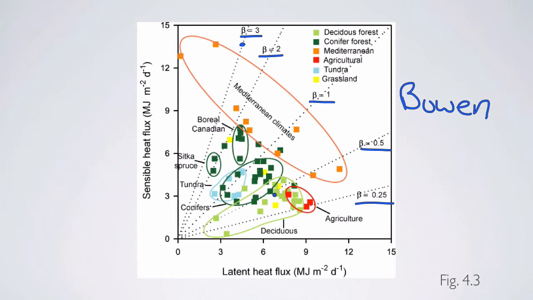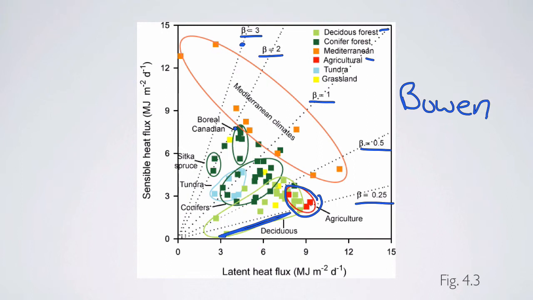Let's take a look at what some of these systems are. Systems that tend to have a lot of leaf area and be relatively moist, like deciduous forest or agricultural systems, you can see are down here. Here are the agricultural systems, here are deciduous forests, and these have a relatively low Bowen ratio. These ecosystems evaporate a lot more water than they do heat the surrounding air.